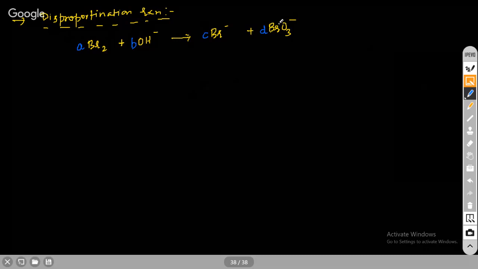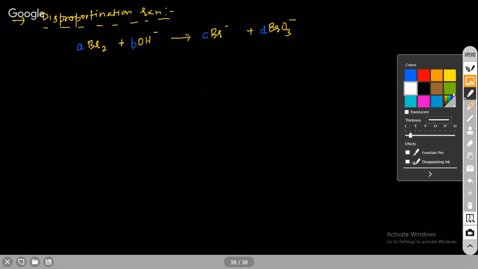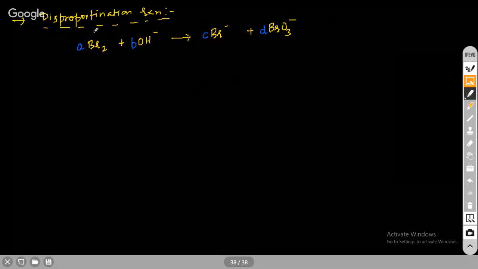Okay, see, to find out this ABCD, we have to balance this equation, right? Disproportionation reaction. And you see here, first of all, this bromine here is in zero oxidation number. Here it is -1, and here it is +5. Right.